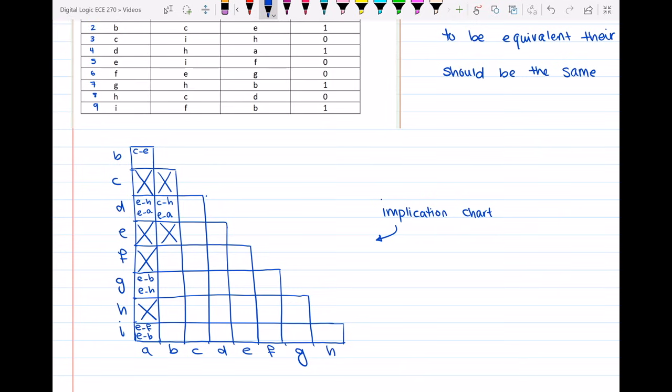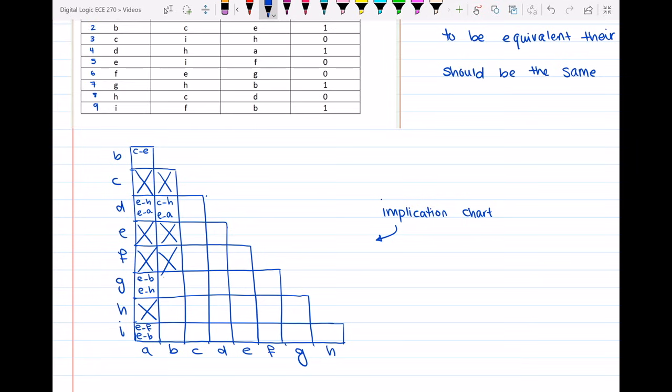Then we were at E, now we're at F. State B and state F, which are rows 2 and 6, have different outputs. So again, it is not possible. Then we go to B and G. They do have the same output. Both of them, the outputs are 1.